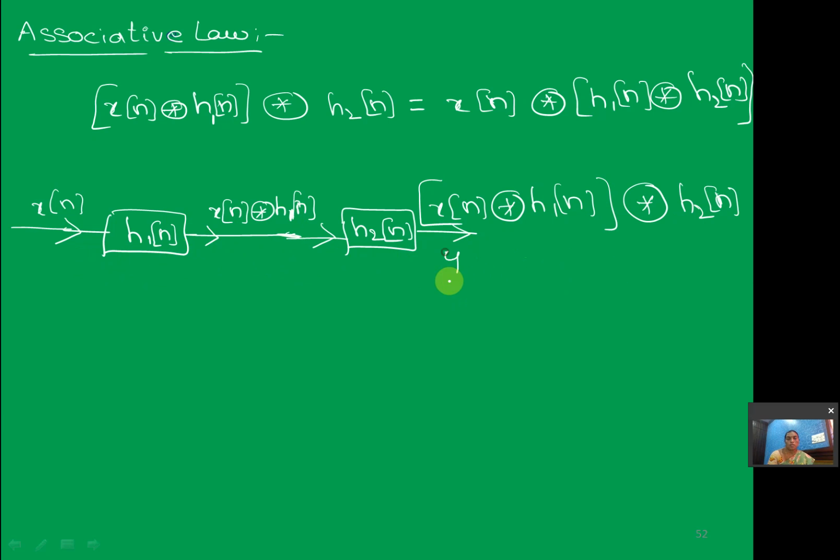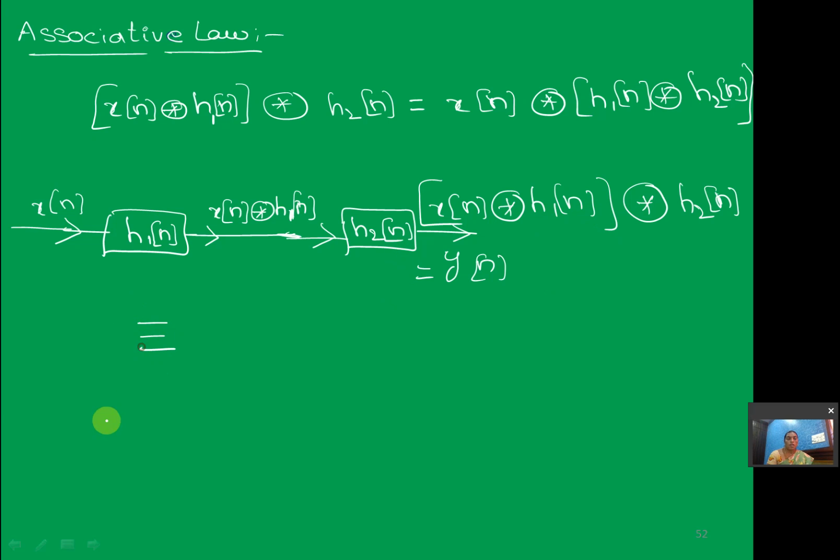So to find the cascaded output, take x(n) convolved with the first system response, find the answer, then convolve that with the second system response, then with the third. In such a way you can find the output.